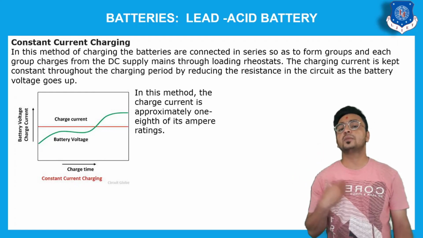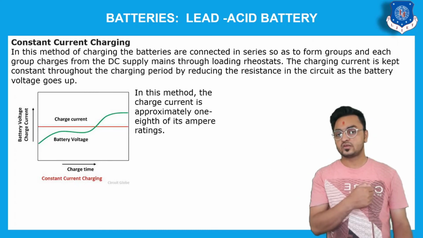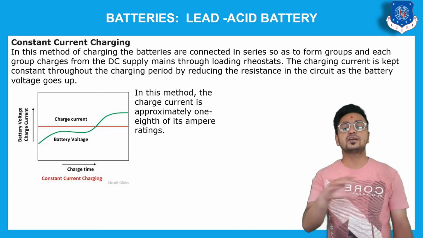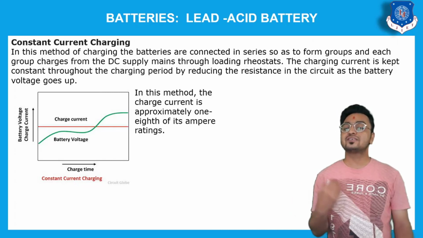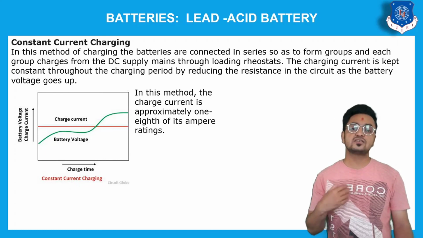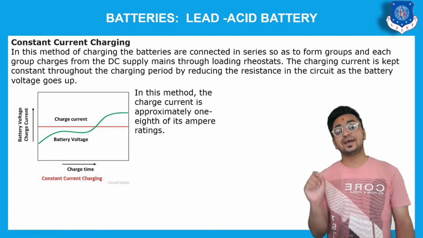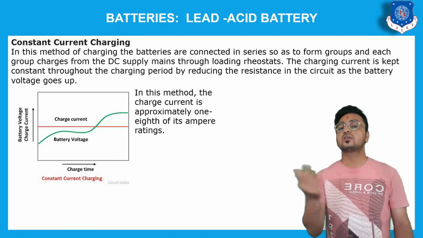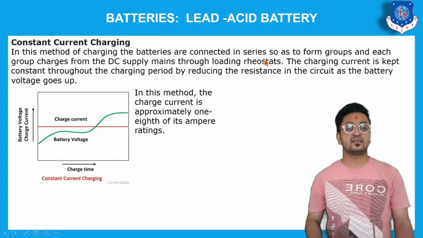If we connect multiple batteries in parallel, that will divide the current. So basically, that will not provide constant current to the different batteries. So that's why, if we want to charge multiple batteries at a time, we will connect those batteries in series connection, and after series connection we will use this method to charge the batteries.